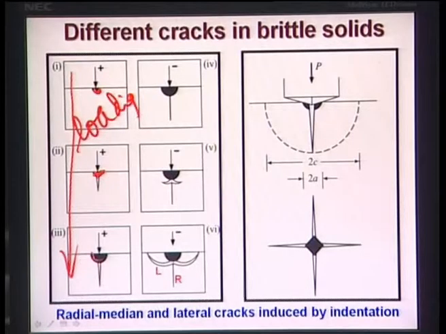You are indenting the material from the top, and just beneath the indentation you have this largely plastically deformed region. Then, when the loading is complete, you see a very stable radial median crack.